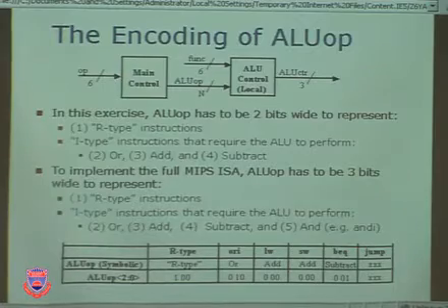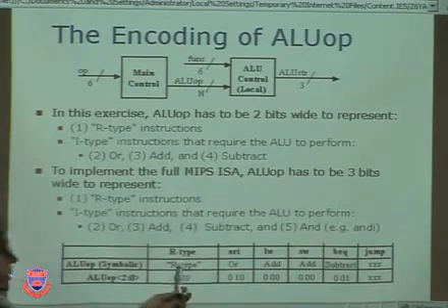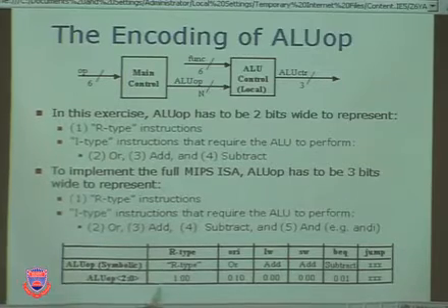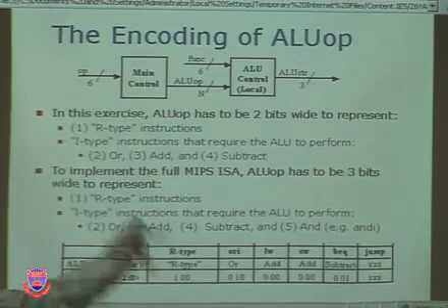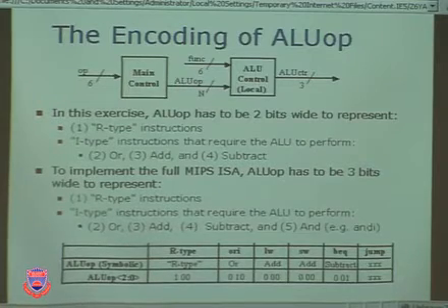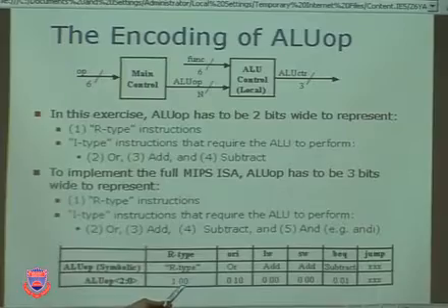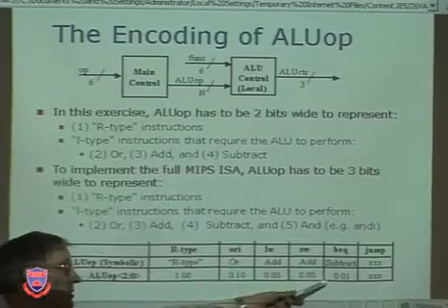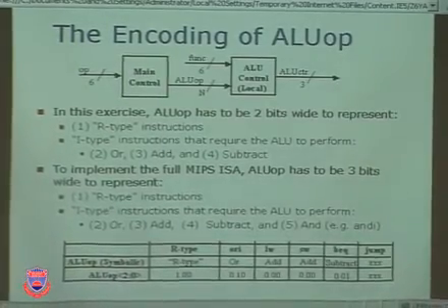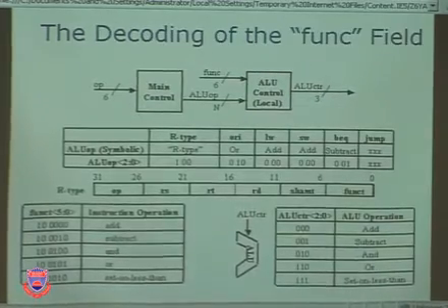So my outputs need to be able to tell it to OR or add or subtract, or it's an R type. So there's 4 there. This is liberal and gives 3 bits, so 8 things are possibilities in the future. We could add exclusive ORing or ANDing or multiplying or whatever. So 3 bits are given, and R type is going to have this code, and these will have those codes. And notice these have the same code because we're asking for the same thing. Doesn't matter for jump.